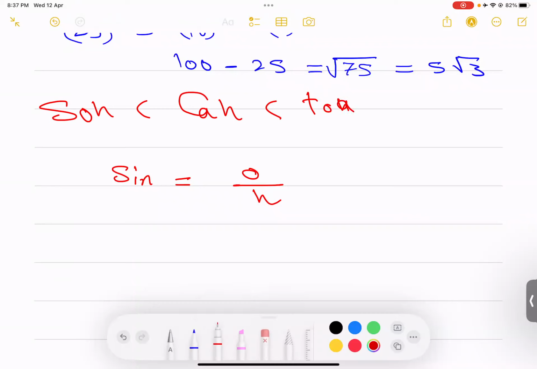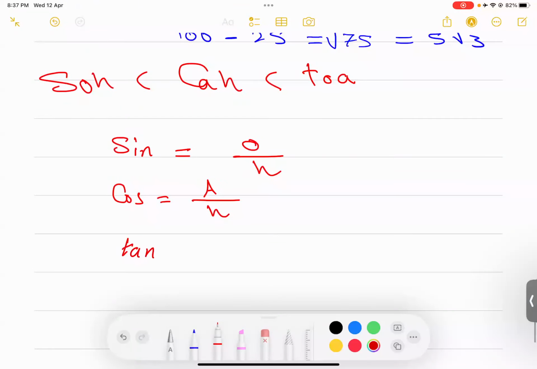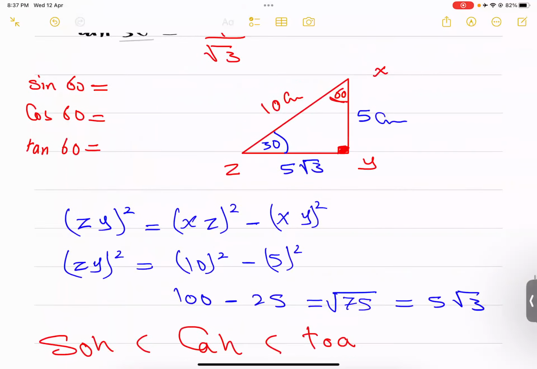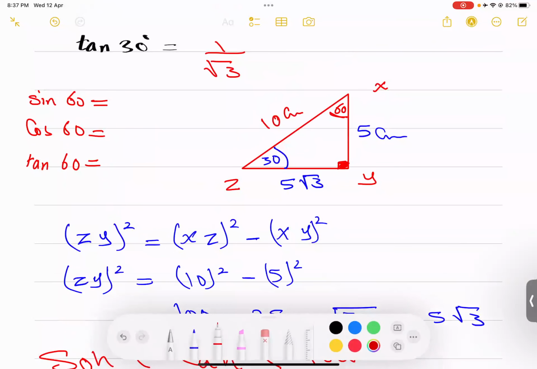Did you get it? Okay, so sine is going to be opposite over hypotenuse. Cosine is going to be adjacent over hypotenuse. Tan is going to be opposite over adjacent, right? Yeah. So right now I want to get the sine of 60.